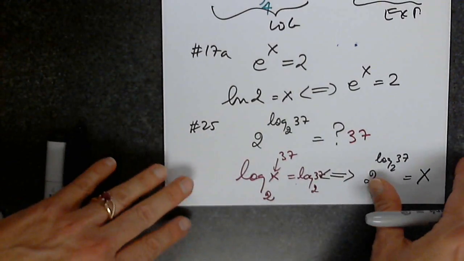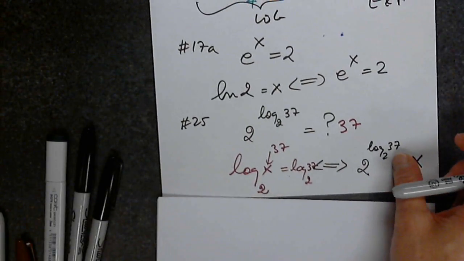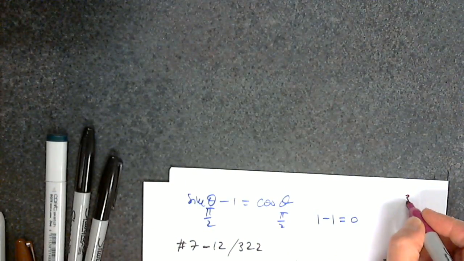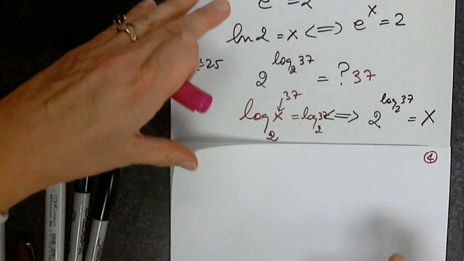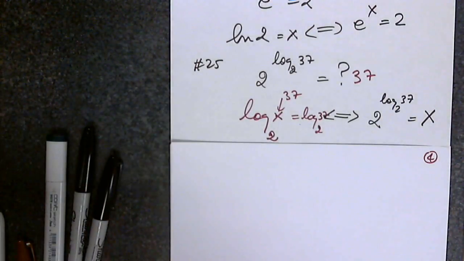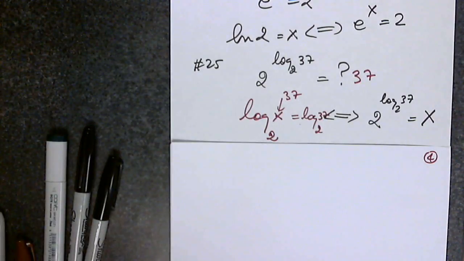37. And now I should ask you to think about it. I have to be honest, this particular property of the log is not necessary for Calc 1, but it is for Calc 2. It's a very important property.